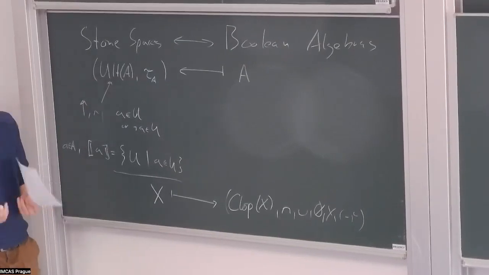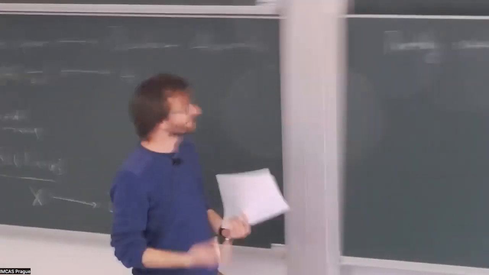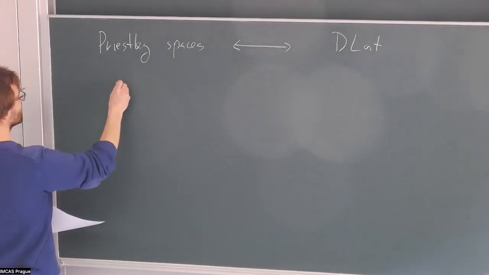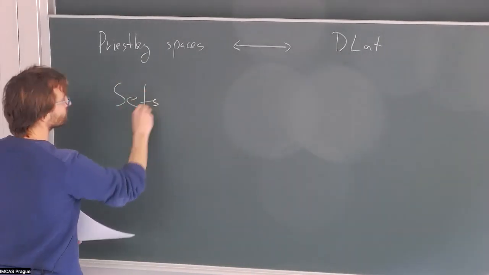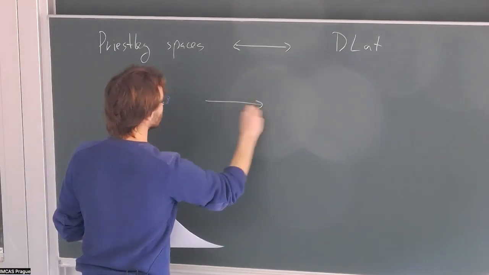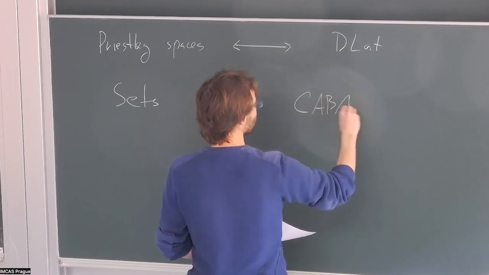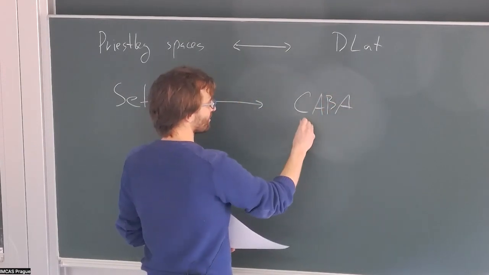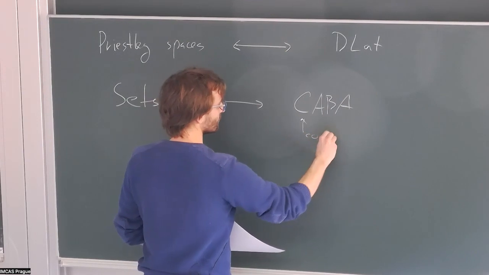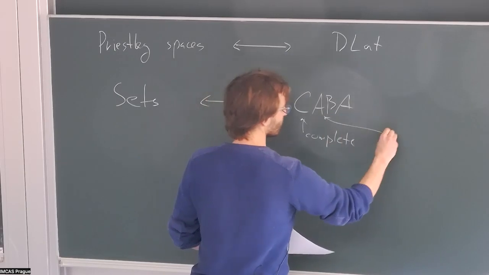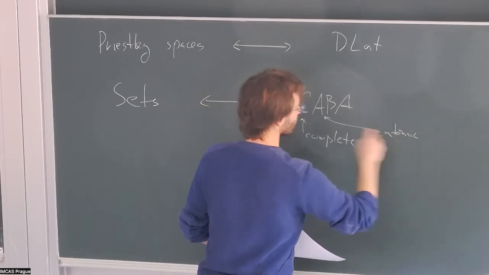That was done. It's in some sense a trivial generalization of this, which is called discrete Stone duality. And so here we just have sets and functions. And here we take CABA, that's complete atomic Boolean algebras.